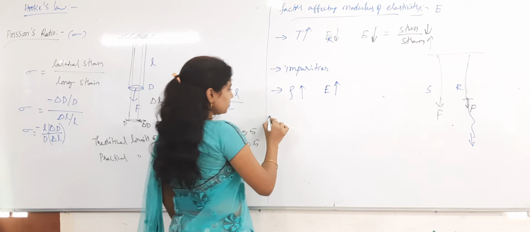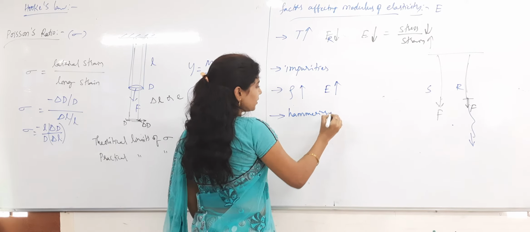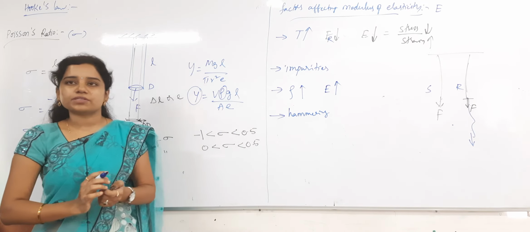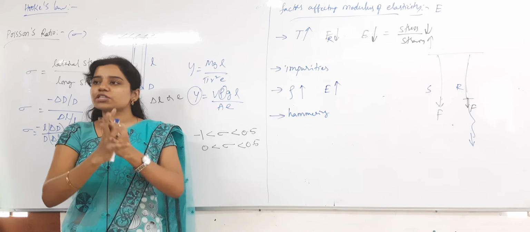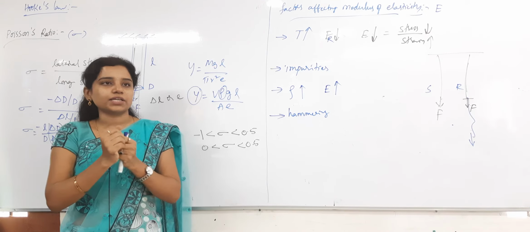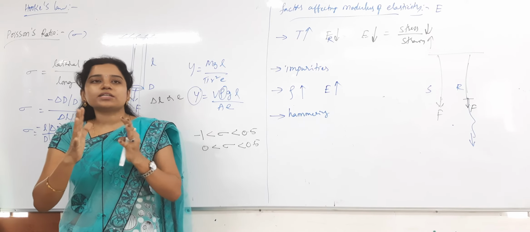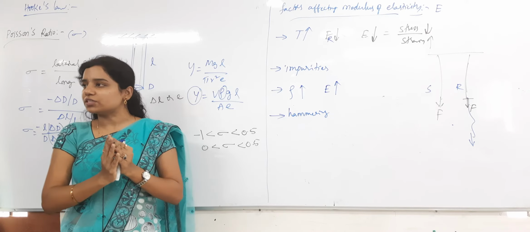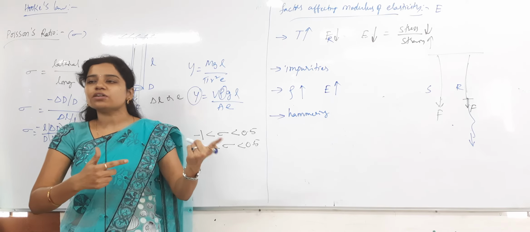Then whenever you come to hammering, whenever you are hammering an object, what happens? Density increases, right? The molecules become very close to each other, because all the distant molecules become very near to each other. Density is increasing means elasticity also increases.